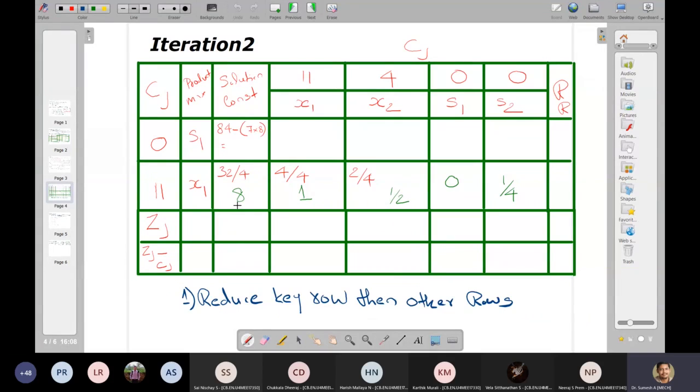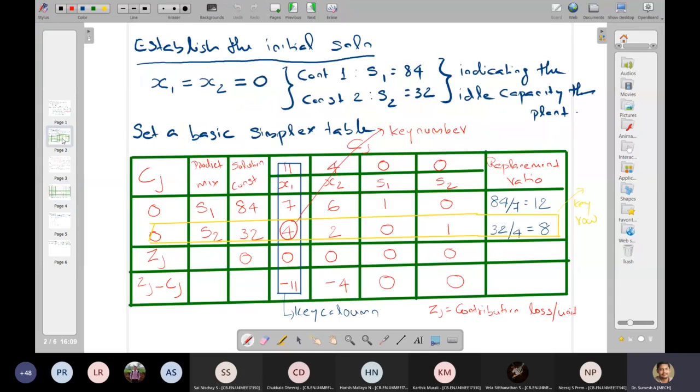Can someone tell me what the value here will be? If you solve it, you'll get 28. Now under x1, can somebody tell the value, how it will come? The previous value is 7.